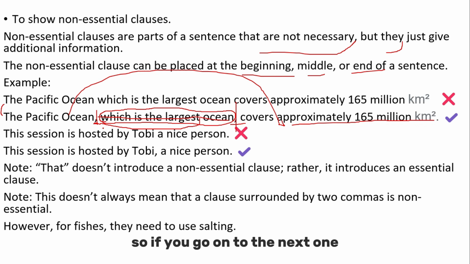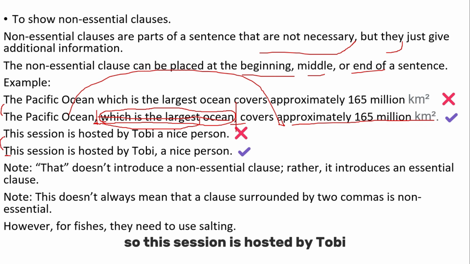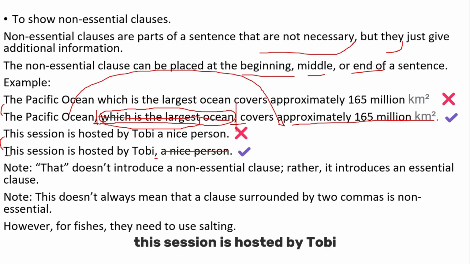So if we go on to the next one, we're going to use this sentence that has one comma to explain the previous one. This session is hosted by Toby, a nice person. We use the comma here. If you cancel out a nice person, this session is hosted by Toby.